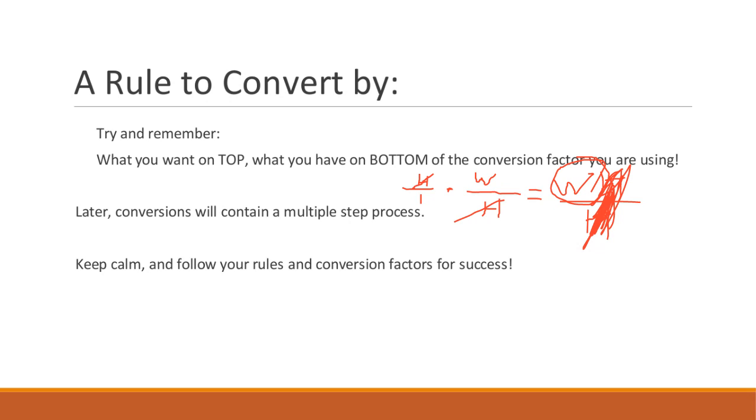So later conversions are going to contain, and you've already seen some two or three steps, but I'm going to show you some longer ones, and these conversions can contain a multi-step process. Keep calm, follow your rules and your conversion factors for success.